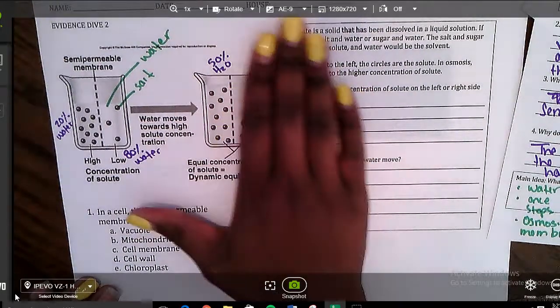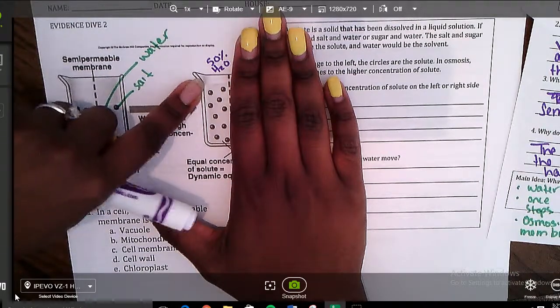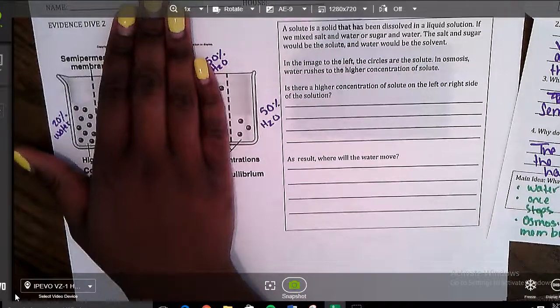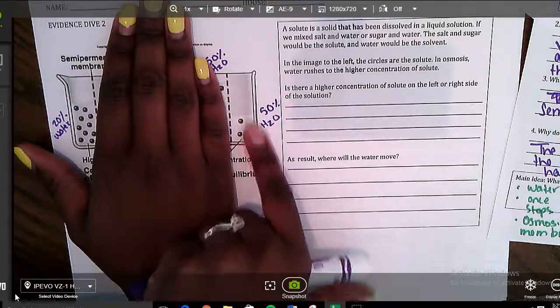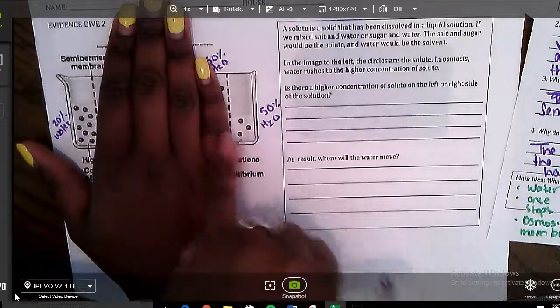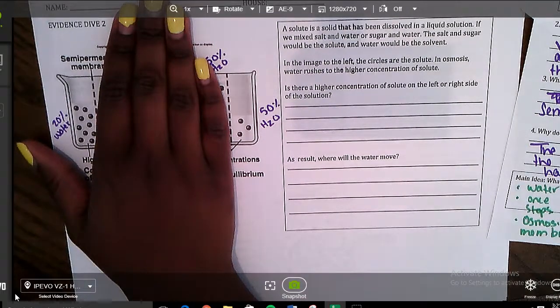For the amount of salt that's in the solution, now there's just as much salt as there is water, so it's 50-50. And on this side, for the 1, 2, 3 spheres or molecules of salt, the amount of salt and water is balanced, and this is also at 50-50 or equilibrium.